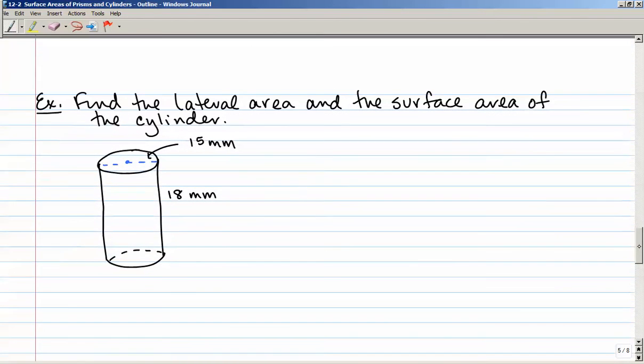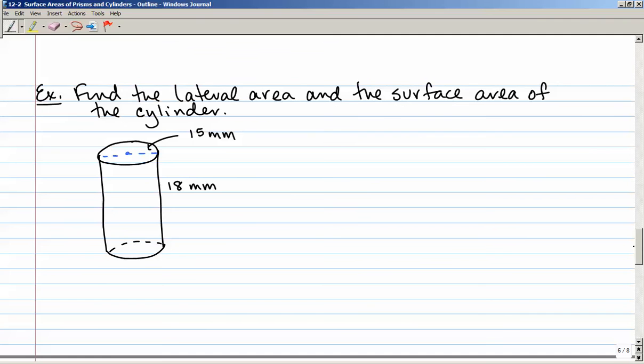So let's take a look at an example here. Find the lateral area and surface area of this cylinder. So we're given that the diameter is 15 millimeters. So that means that my radius is going to be 7.5, because the radius is half of the diameter, and my height is 18. So from here it's just very straightforward. Fill these into the formula.